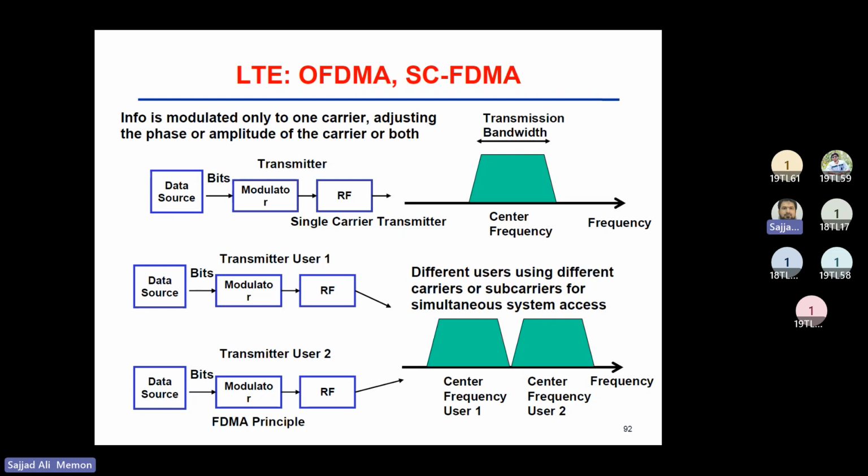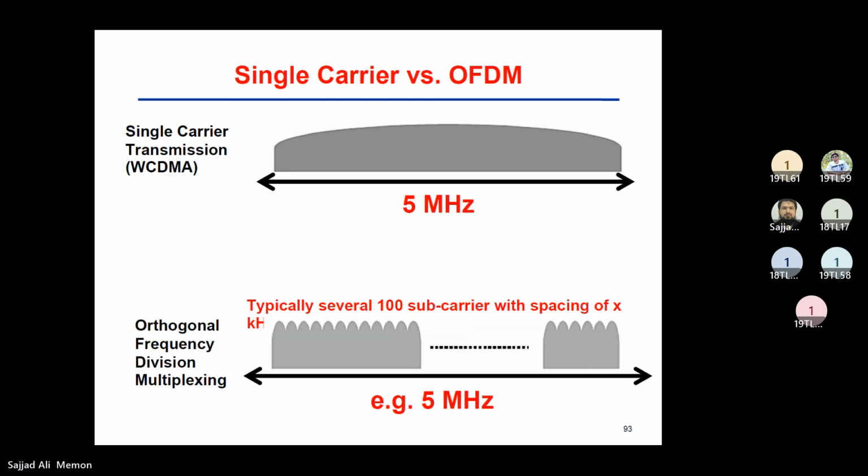Whereas in single carrier, only one carrier is used for the transmission of data, and if frequency selective fading occurs, then you need to retransmit your data because your transmission has been faded and cannot be received properly at the receiver. So that is the comparison between single carrier versus OFDM.